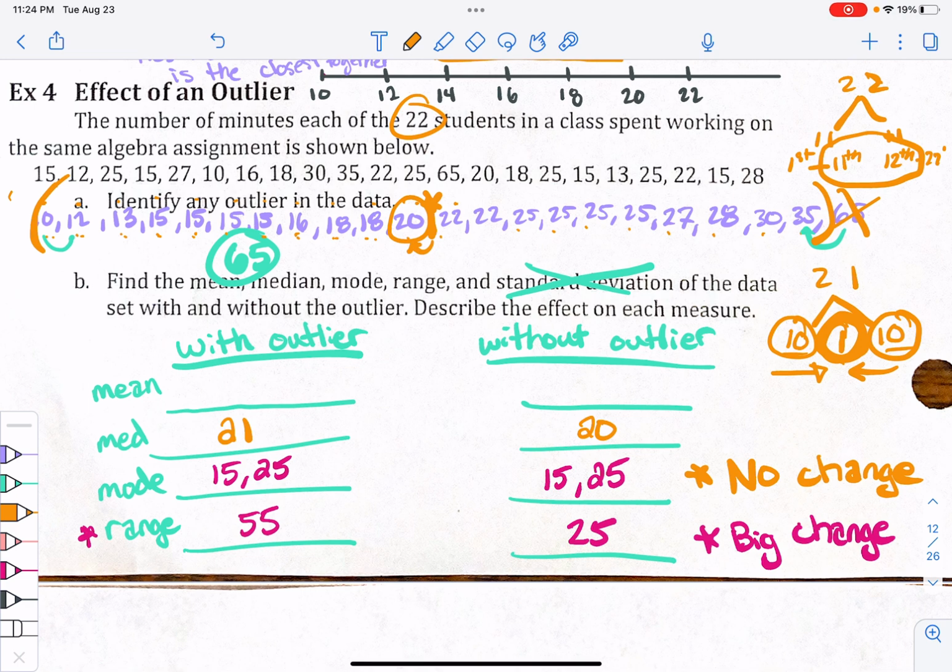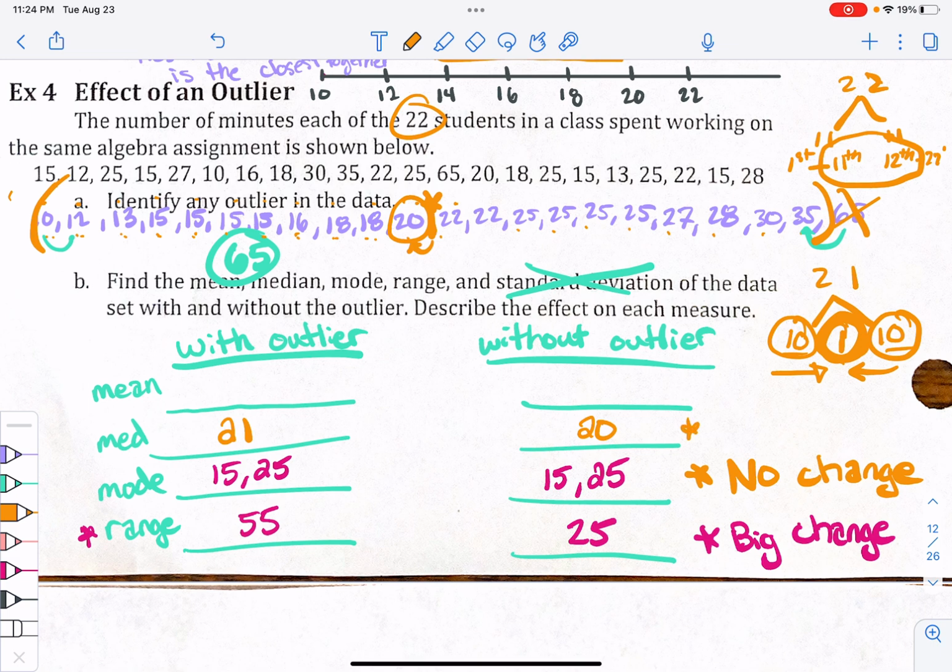And that median will not experience too terribly much of a change, right? It'll just go from a half a step down, or a half a step up, depending on where your outlier is at. It will move just a half a step.